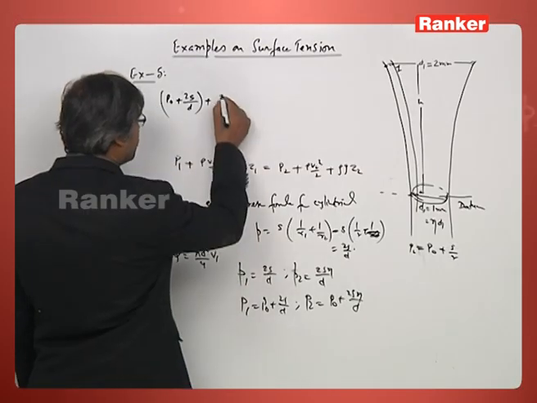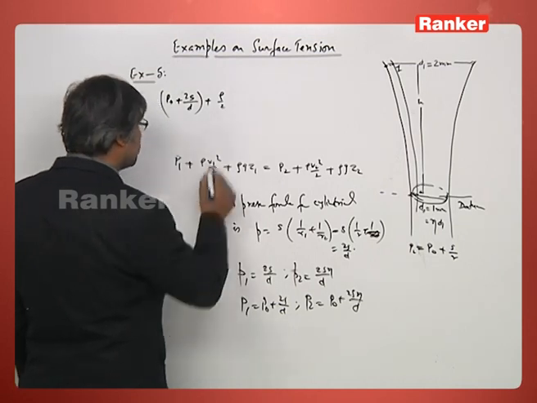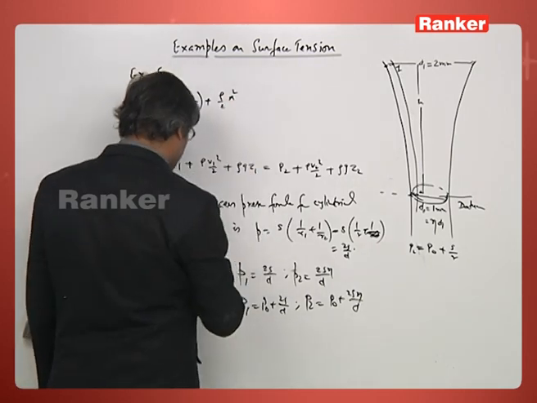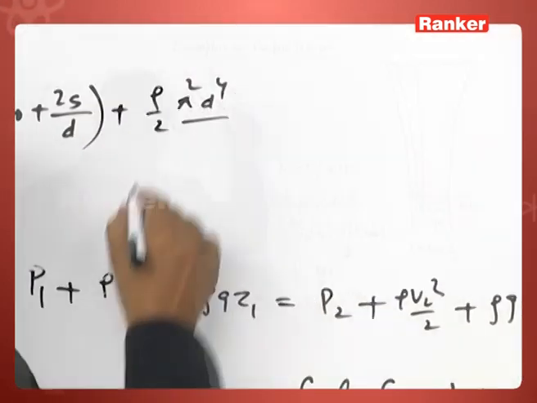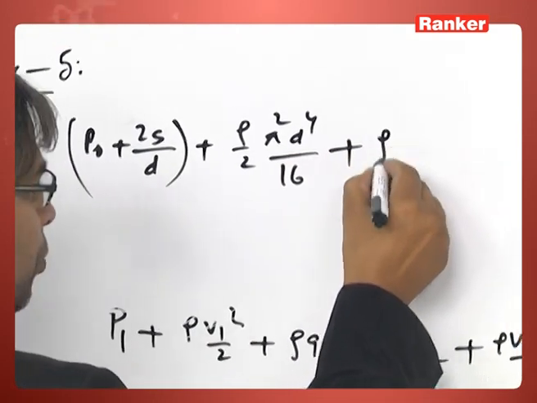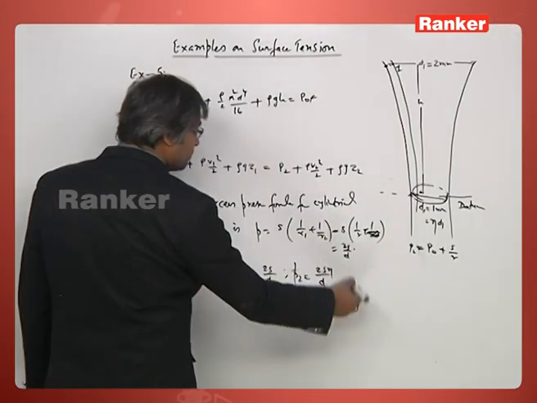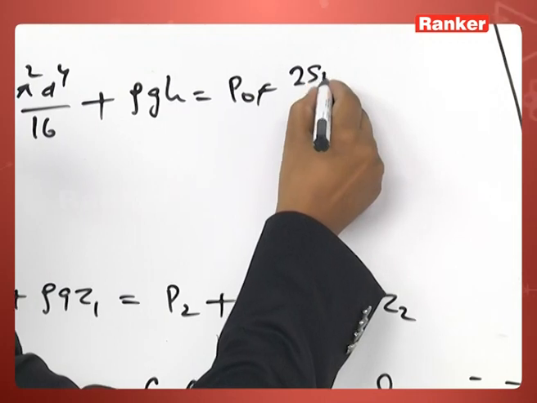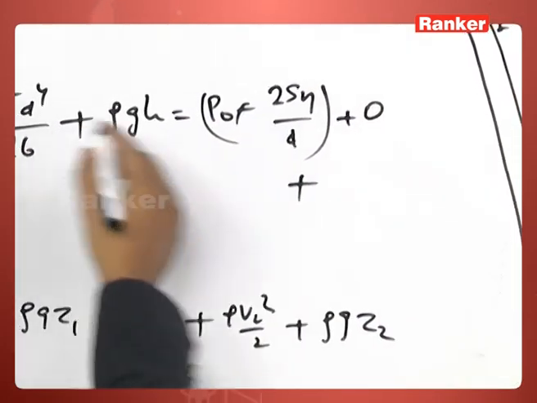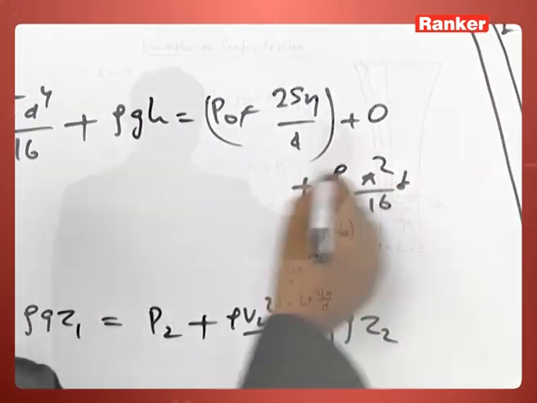So we will have rho by 2 V1 square plus rho g h is equal to P naught plus 2S eta by d plus potential energy 0 and kinetic energy rho by 2 V2 square.